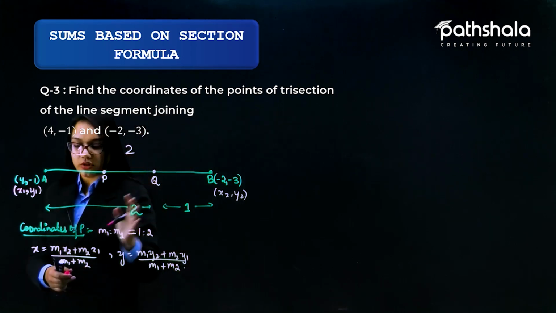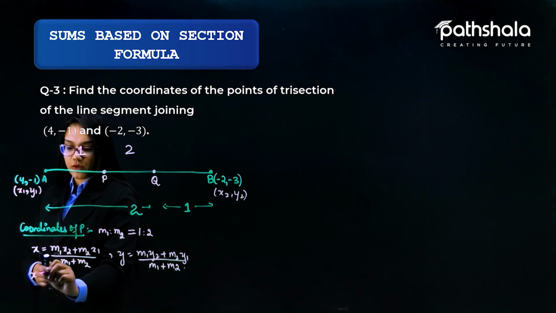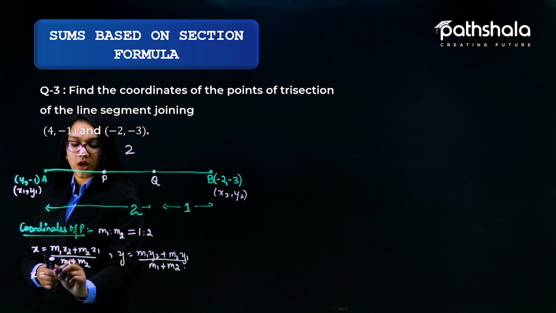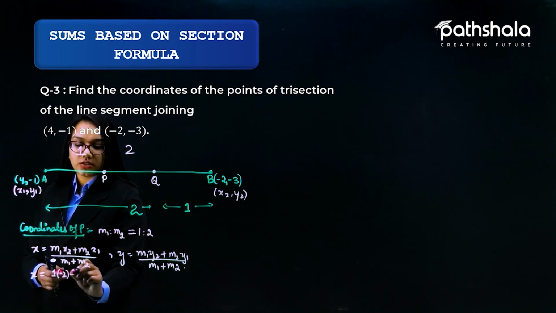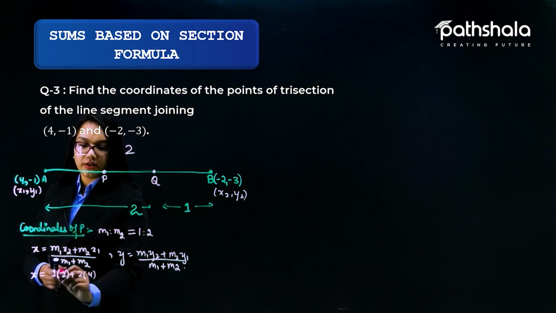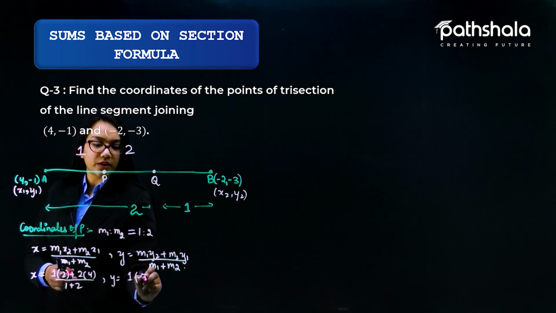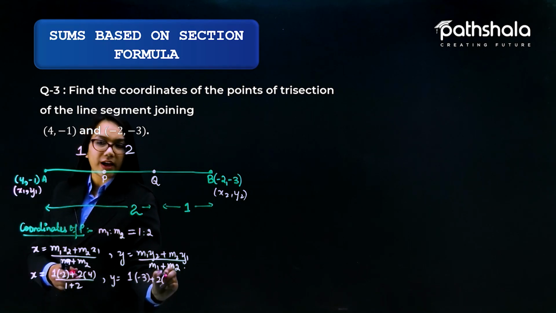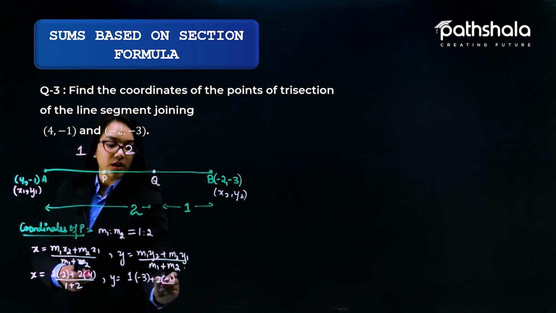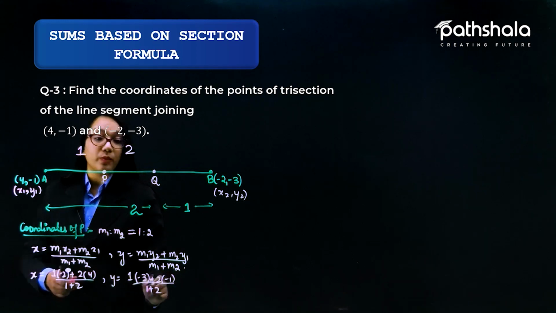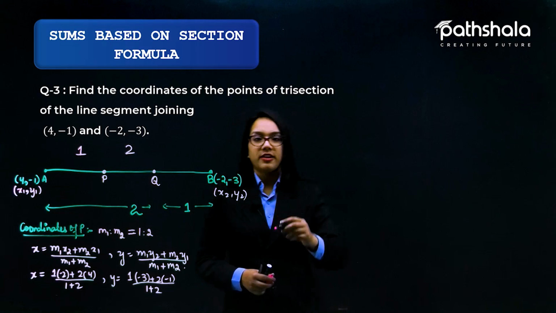Let's plug in all the values to find x and y. We have m1 as 1, x2 as minus 2, plus m2 which is 2, x1 which is 4, divided by 1 plus 2. Further, y is 1 into y2, which is minus 3, plus 2 into y1, which is minus 1, divided by 1 plus 2.